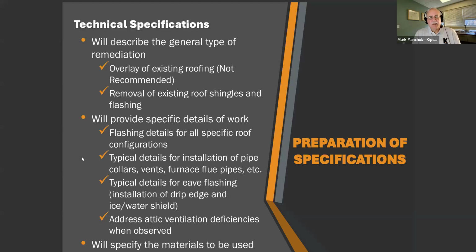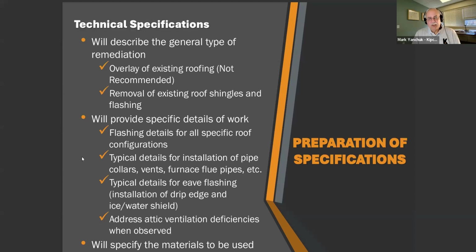For a new roof, the roof specification will provide flashing details for all the various configurations of your roof. You'll have flashing details for pipe collars, vents, flue pipes. Also, because the roof will be evaluated for its attic ventilation, you might have details to replace the soffits at your eave.